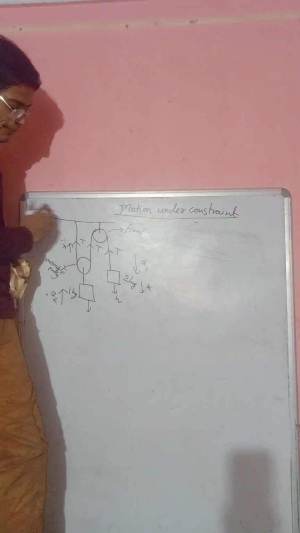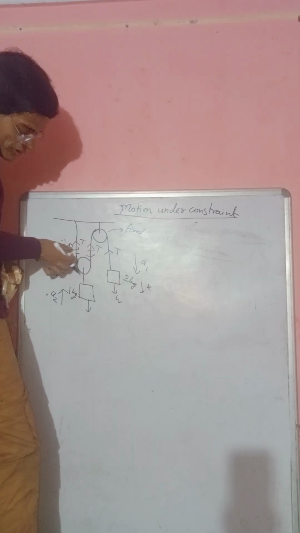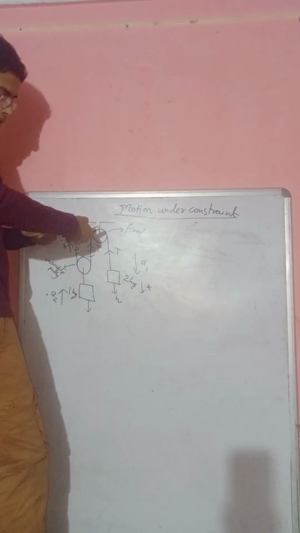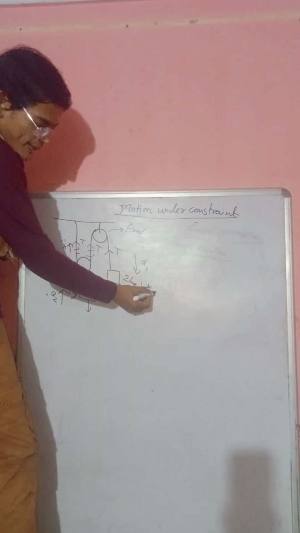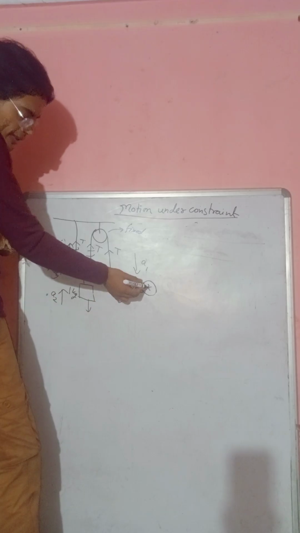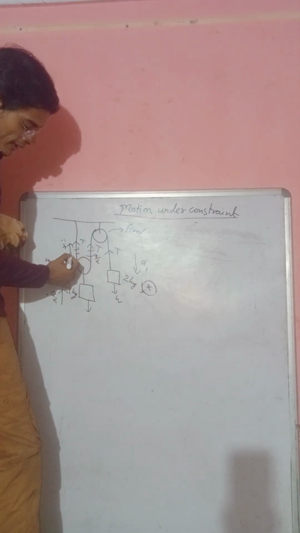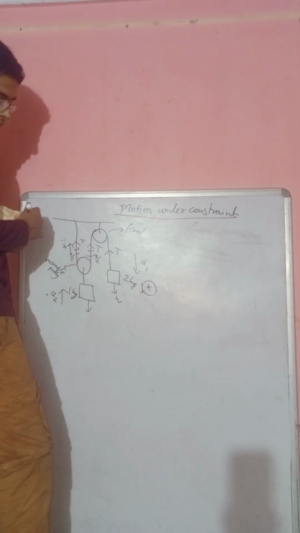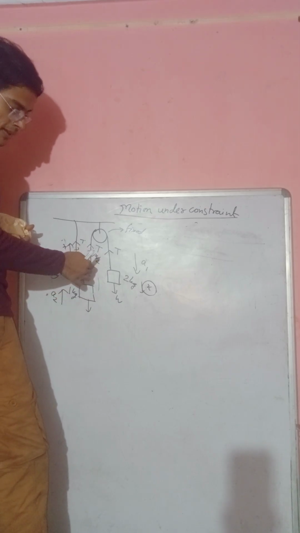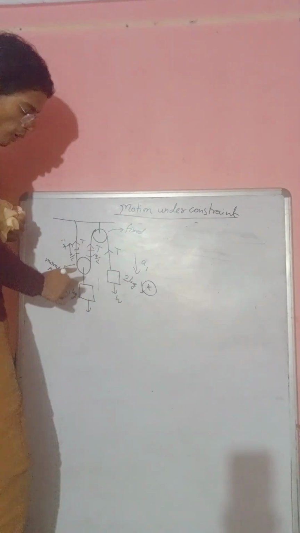But the problem is this part and this part of the string should move up equally, in equal portions. But the entire displacement is only x. So x is divided into 2 parts. Here it will be x by 2. Here it will be x by 2. So definitely this acceleration will be different compared to this one, because the displacement for both the blocks is different also.